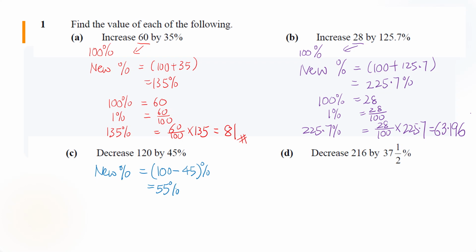All right, so 100% equals 120. So 1% will be found by dividing by 100 on both sides. And so therefore 55% would be 120 over 100 times 55. And that gives you the answer.